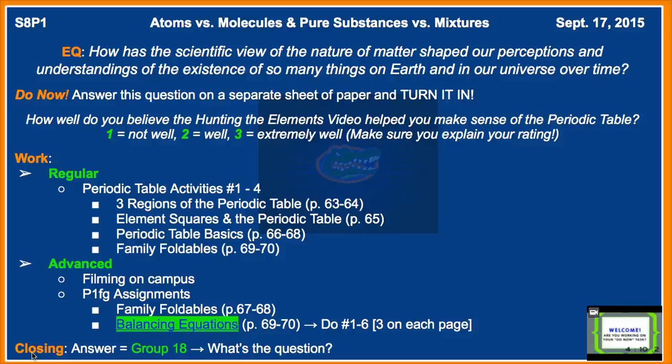For your do now, do not write the do now in the notebook. This is one that you're going to do on a separate sheet of paper. When you're done rating the video on the hunting of the elements, make sure that you answer the question and turn that sheet in to me.